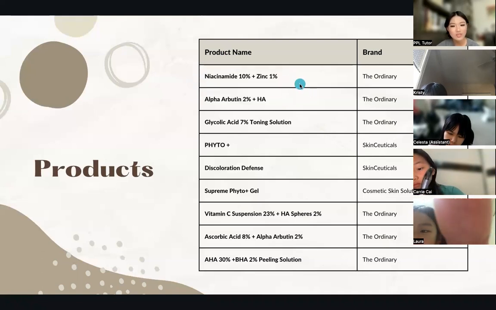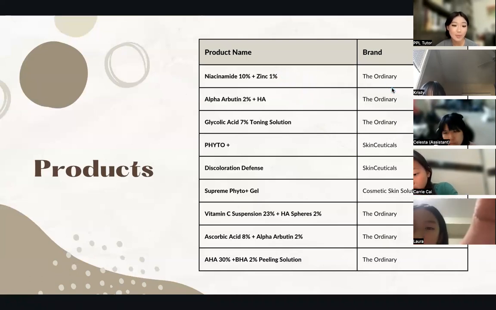It works a bit slower than some others, but it has long-lasting moisturizing benefits for your skin, among many others. So this niacinamide 10% plus zinc 1% by The Ordinary is one of my absolute staples for my skincare routine. If you have pretty good skin, then definitely incorporate this to improve the overall appearance of your skin.